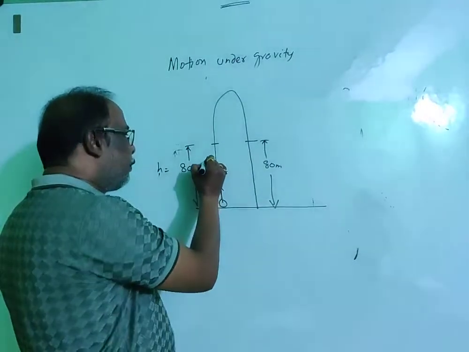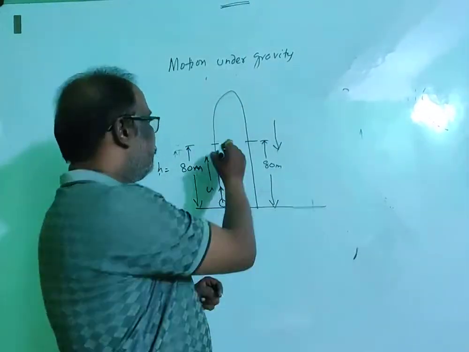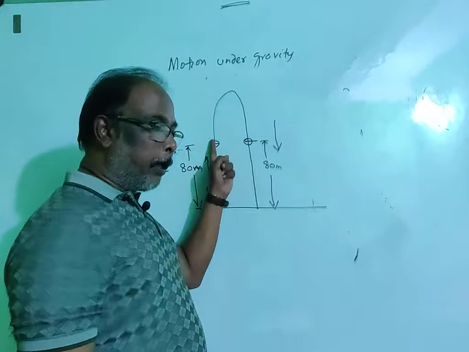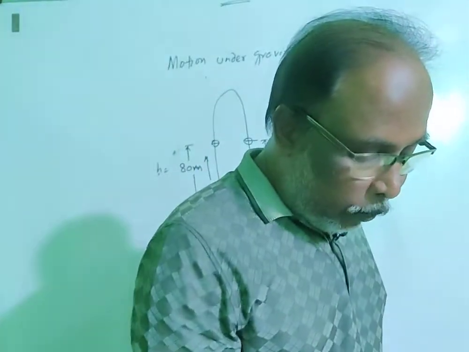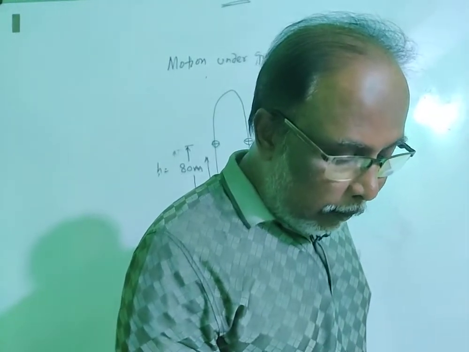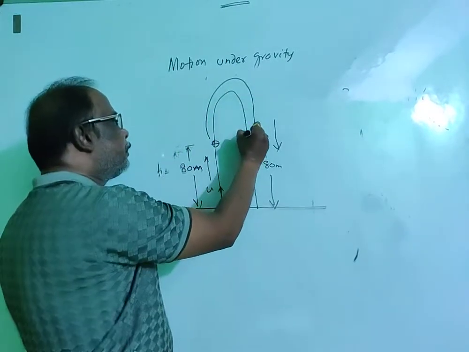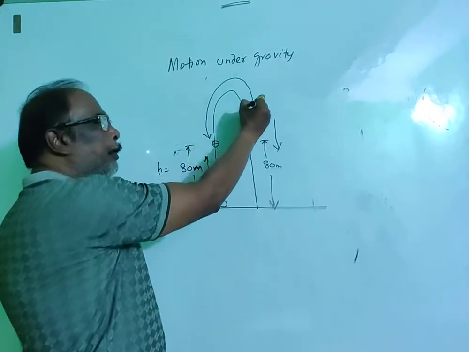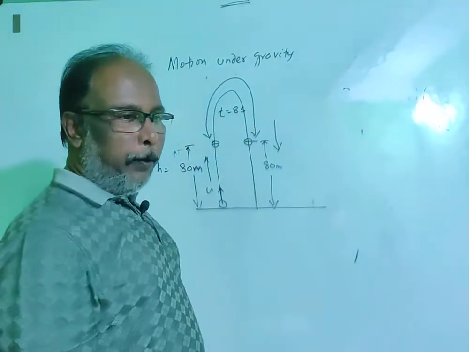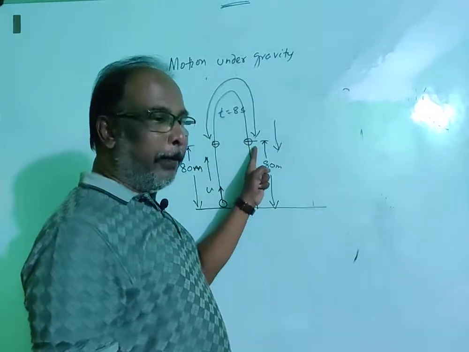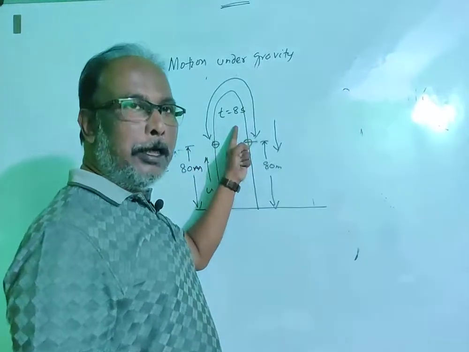This is during upward motion and this is during downward motion. The ball is 2 times at the same height from the ground, and the interval of time as mentioned is 8 seconds. From this position to this position, time is 8 seconds. The ball is at a height of 80 meters 2 times, and the interval of time is 8 seconds.